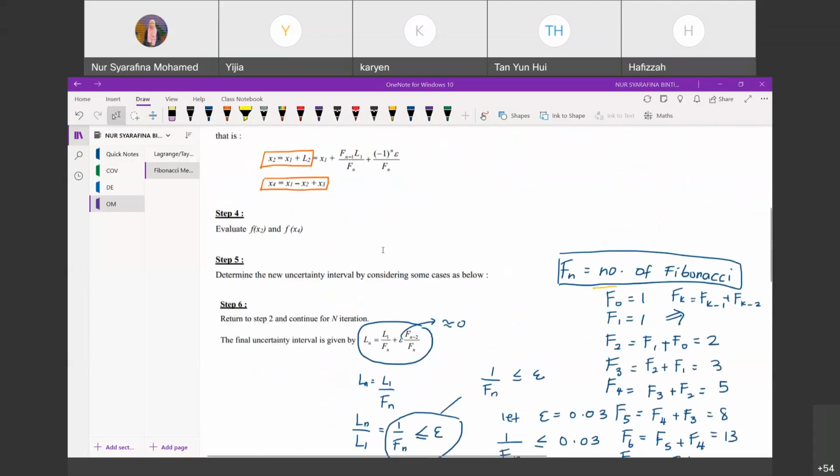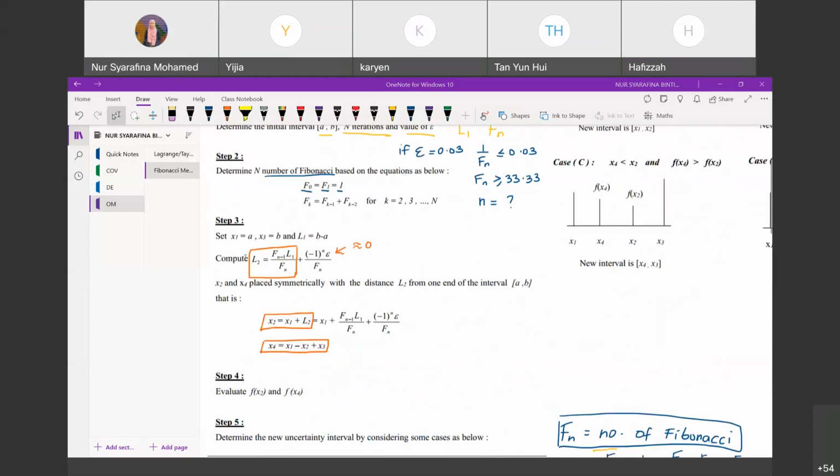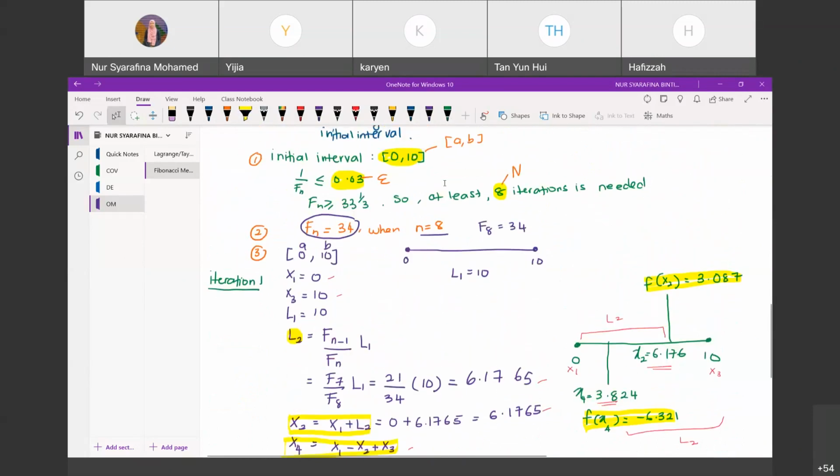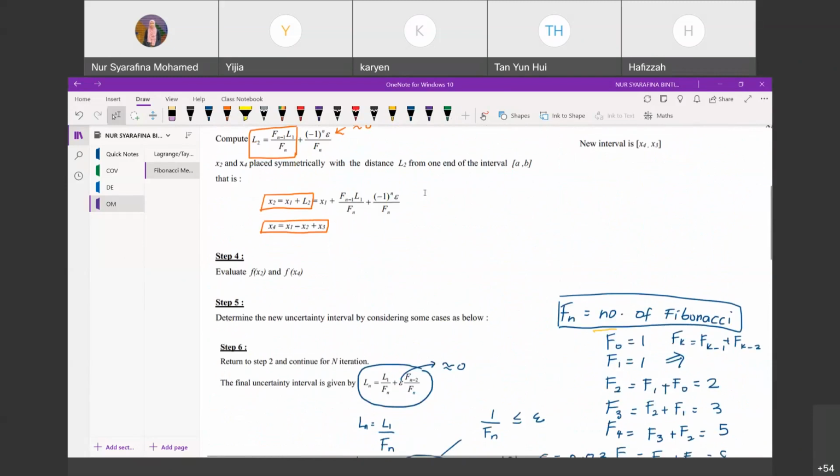Now we want to identify the next iteration. Look at the notes. We have done with L2, x2, and x4, and then evaluate Fx2 and Fx4. Then, in order to determine the next iteration, we need to determine the new uncertainty interval by considering cases.